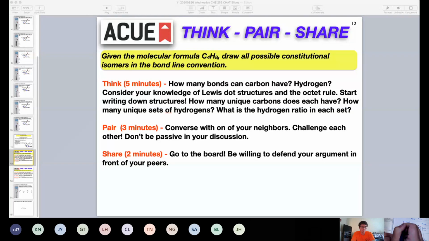The butene tells you there's a pi bond. So this molecule, we can say 1-butene. The 1 tells you where the start of the pi bond is.